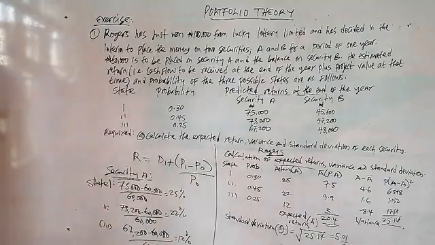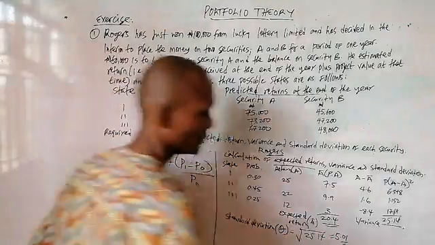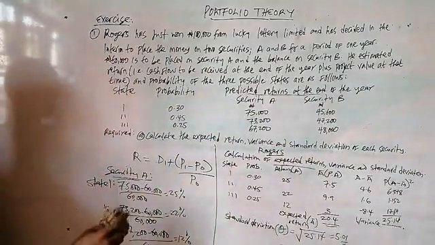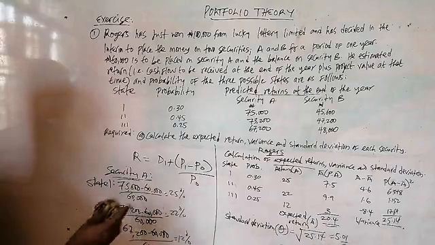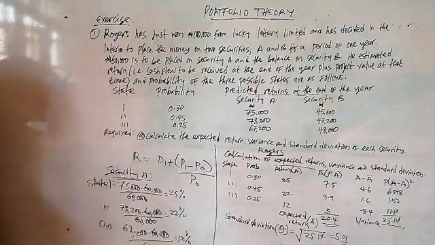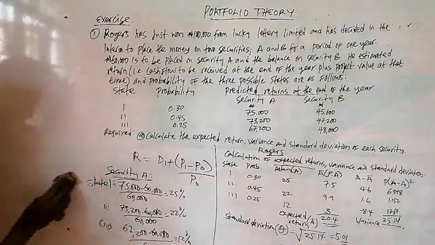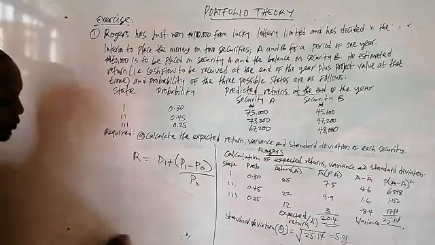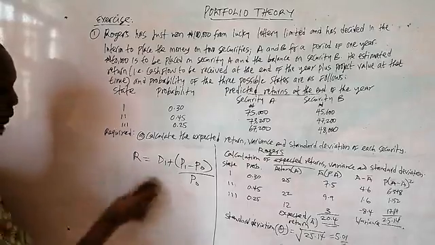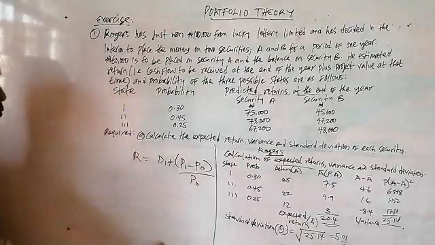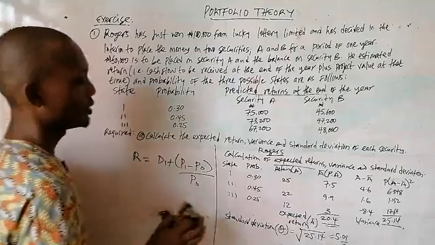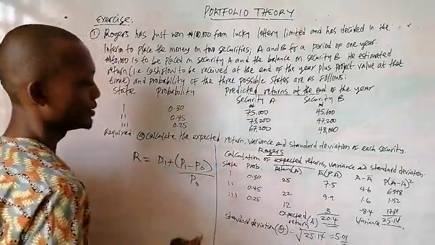So let's look at security B, as the question asks us to do. So that is for security A. Now I'm going to rub this off. So let's now look at security B. For security B, we still have the same probability.